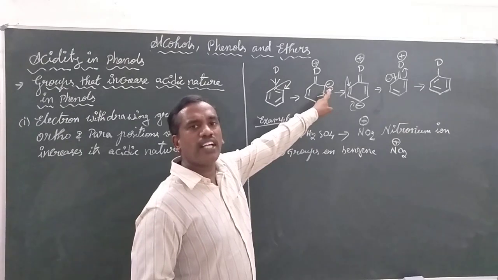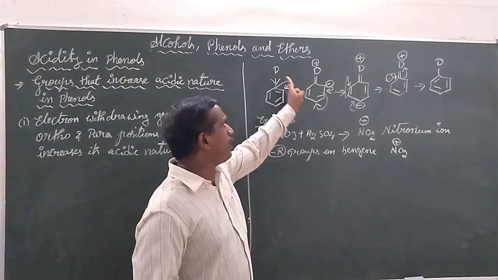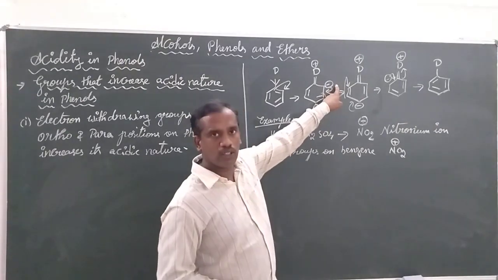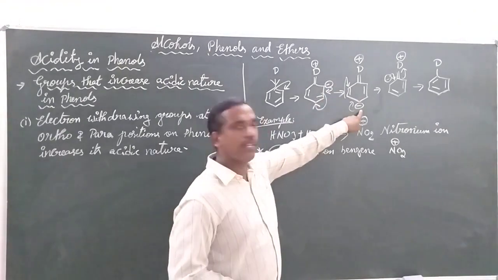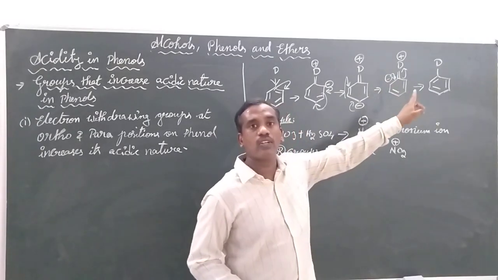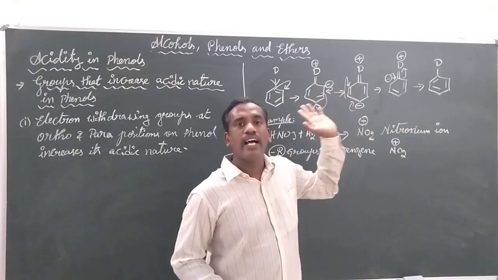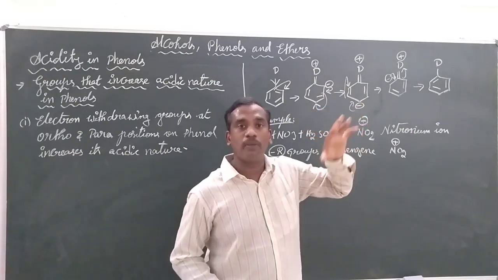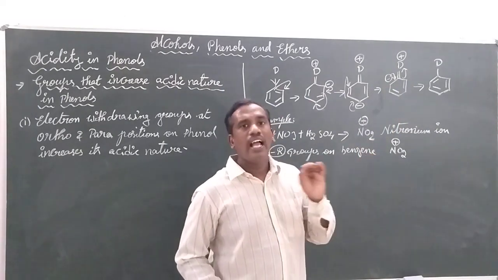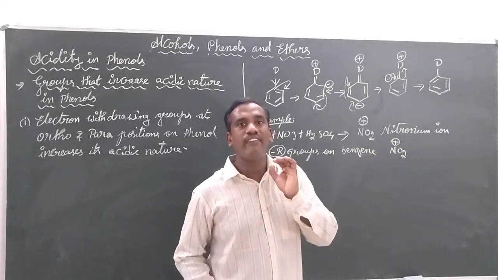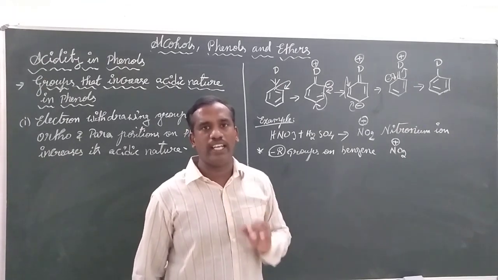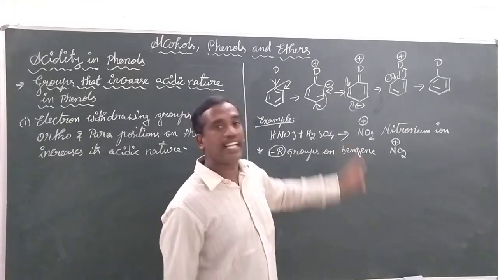Where do we observe the negative charges when donating groups are present? We observe negative charges at the ortho, para and ortho dash positions. When electron donating groups are present, the negative charge increases on benzene at ortho, para and ortho dash. At that point where we have a negative charge, we can add an electrophile because this is acting like a nucleophile now.